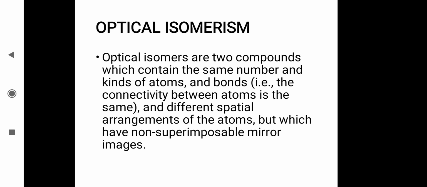For example, if you're looking at a mirror and you're standing straight with your right hand this side and your left hand the other side, in the mirror it turns out to be as if it's opposite, like you're facing yourself. So you're not superimposing yourself on the mirror image, which gives you a slight change of yourself. That is a non-superimposable mirror image.